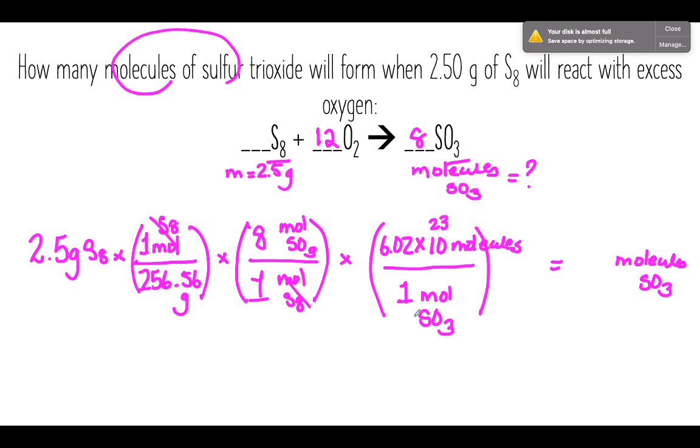And whenever you have molecular compounds, the type of particles that we have are molecules. So now that I can cancel out my moles of SO3, I can just type this into my calculator to get the value 4.70 times 10 to the power of 22. There are 3 significant digits in my question. There are 3 significant digits in my answer as well.